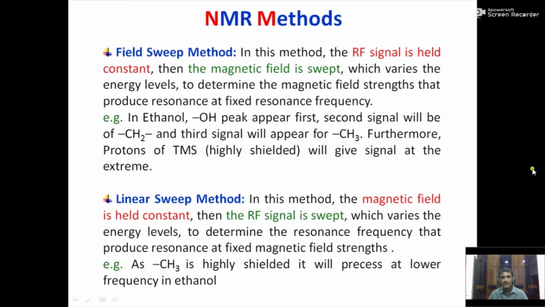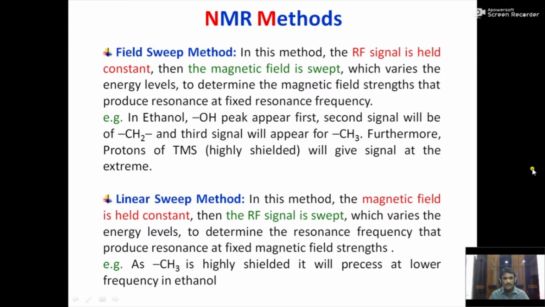So first the OH peak will appear, then the CH2 peak, then the CH3 peak, and at the last the signal for TMS, tetramethylsilane, will appear as the protons of TMS are highly shielded. There are 12 equivalent protons, and it will give the signal at the extreme position.